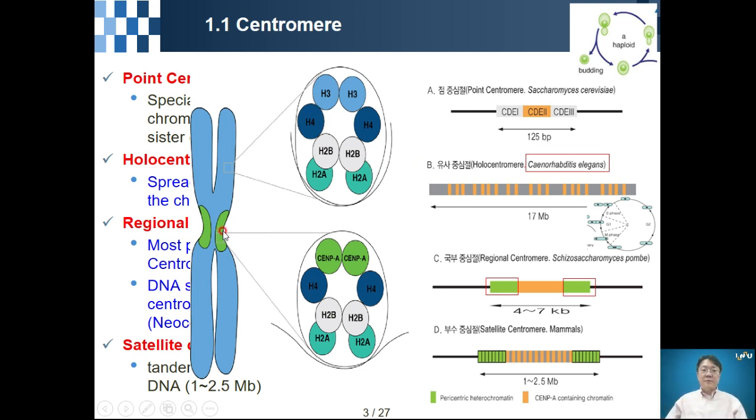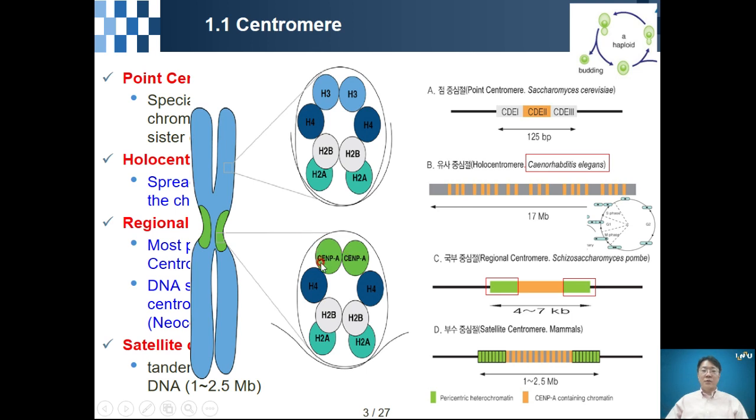But in the centromere region the histone protein is different. For example, in the chromosome arm region there is an H3 histone. But in the centromere region there is a CENPA histone protein.